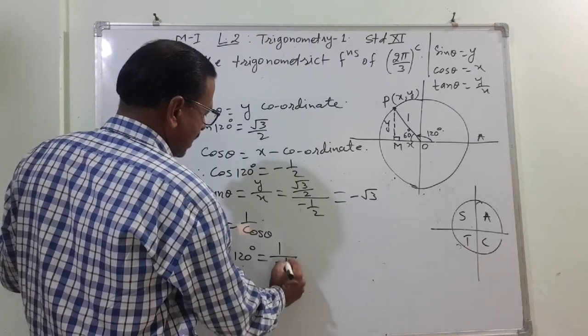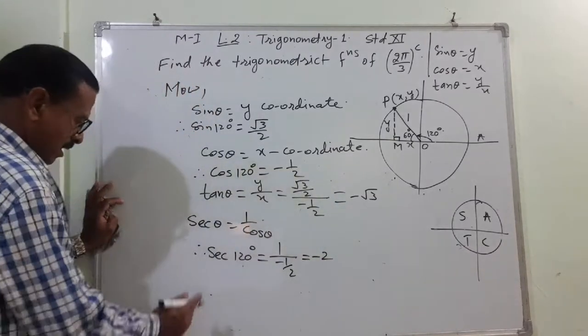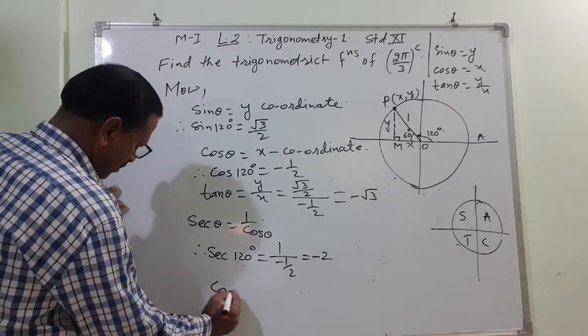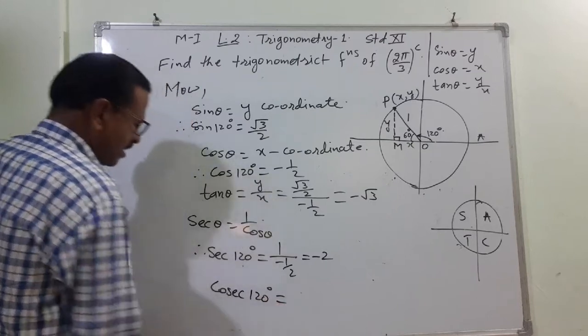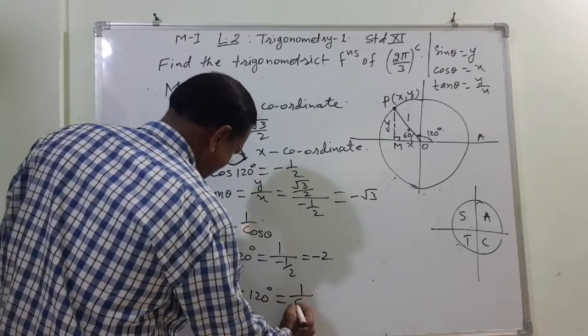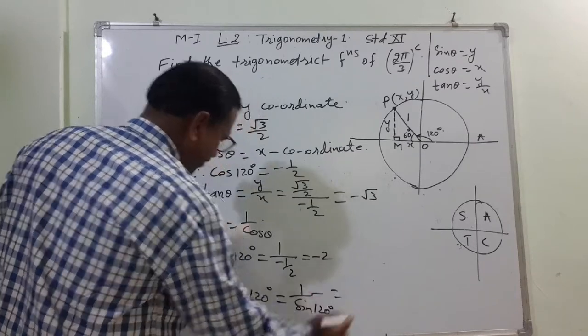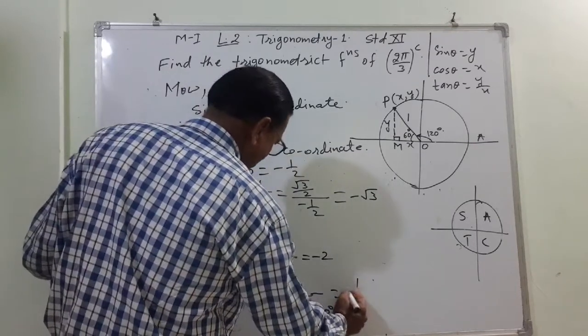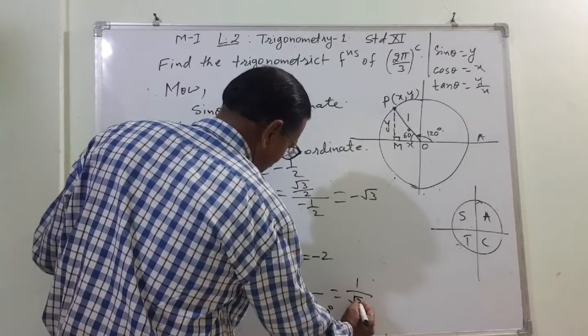This will be minus 1 upon 2 inverse, minus 2. Cosec of 120 degree is equal to 1 upon sin 120 degree, that is equal to 1 upon sin, which is root 3 upon 2.